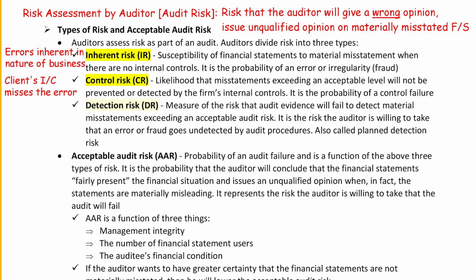And highlight detection risk, the auditor misses the error. So we know that audit risk is inherent risk multiplied by control risk multiplied by detection risk.